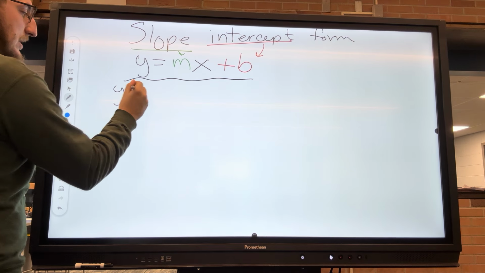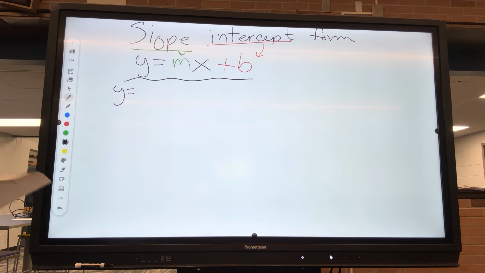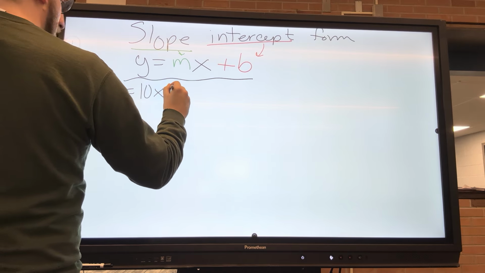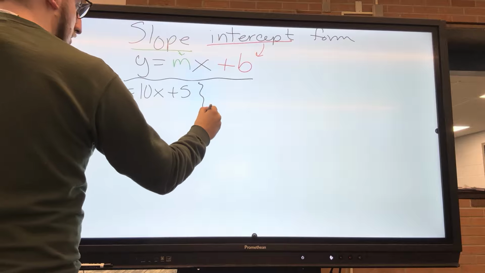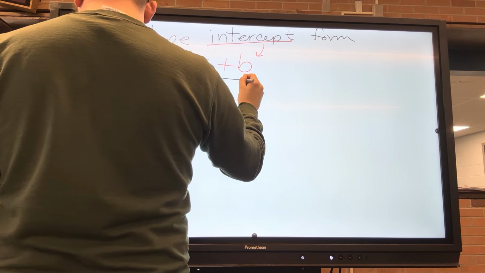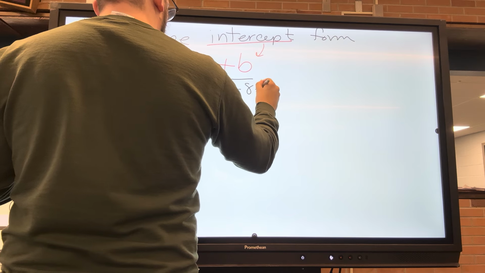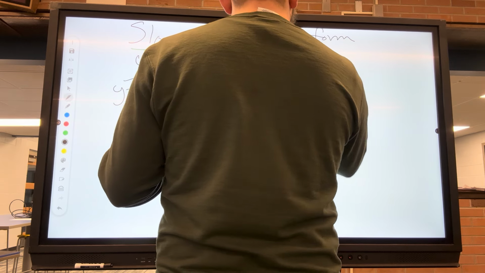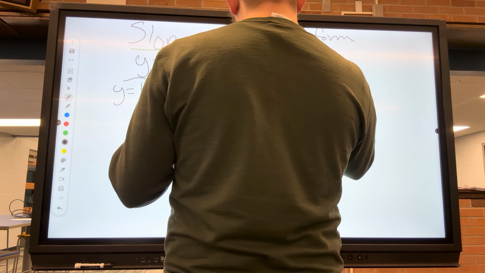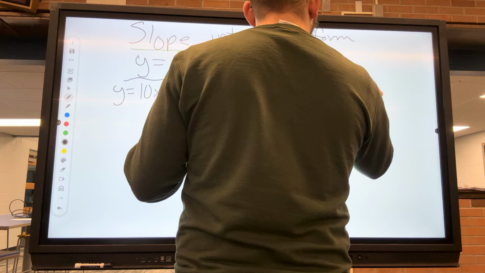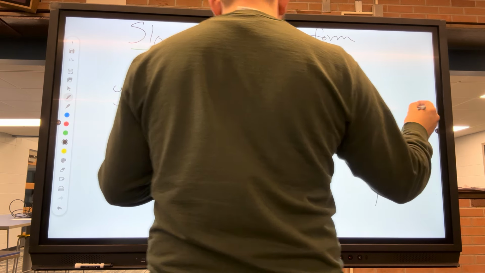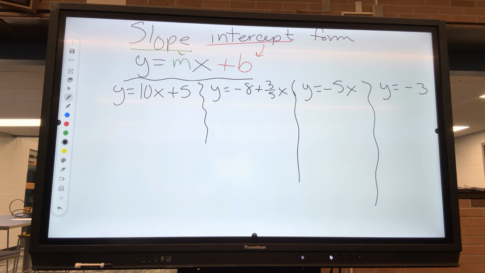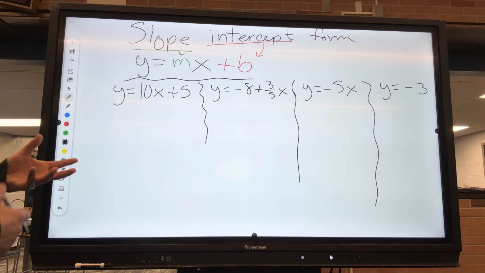I wrote them down to make it easier. y equals 10x plus 5. y equals -8 plus 3/5 x. y equals -5x. y equals -3.